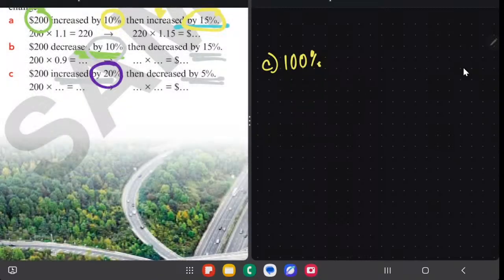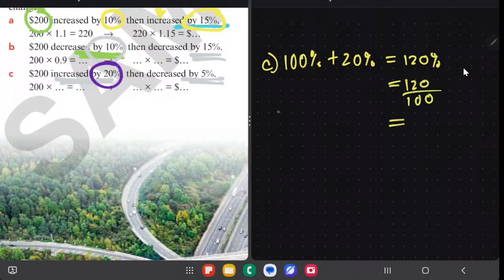You increased by 20%, so you add 20%. This becomes 120%. Wow, that's good. And this is actually 120 over 100, which is, if you put 120, you move 2 times to the left, you get 1.20, which is like to say 1.2. Then we go to the decrease. Decreased by 5%.